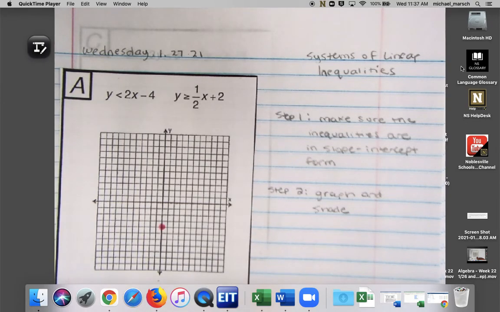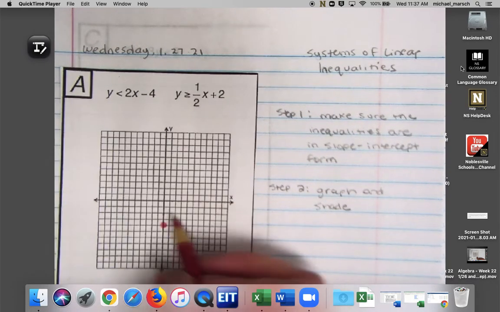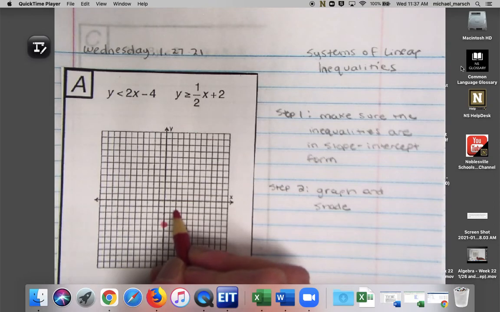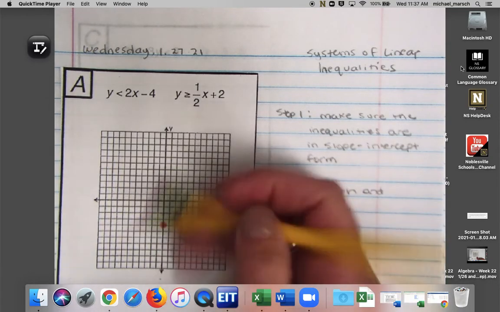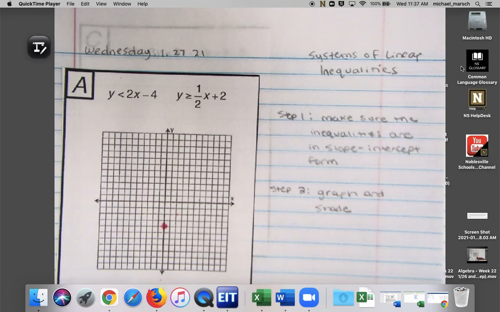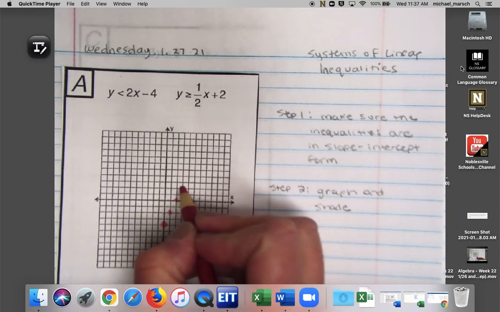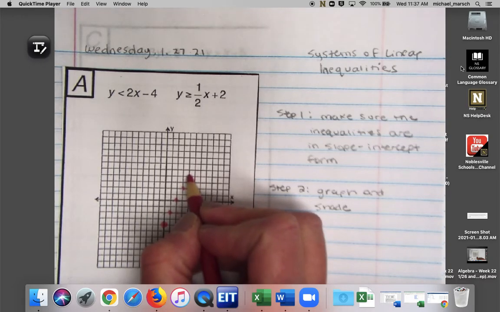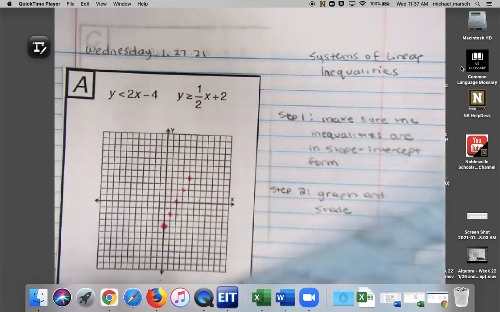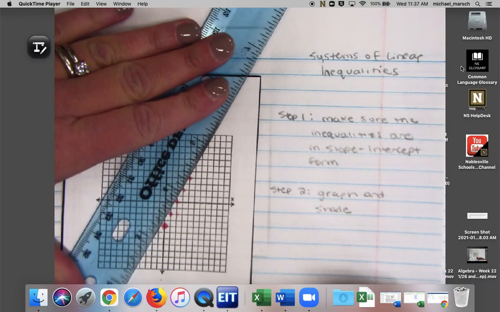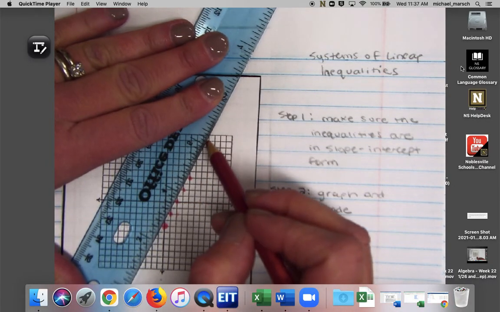And my slope is 2/1. I'm going to go up 2/1. Oops. Went over 2. That's not good. Up 2/1. And then when I connect those, I'm going to use a dashed line.